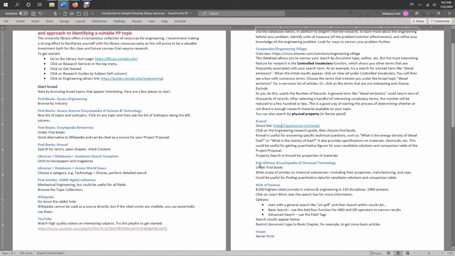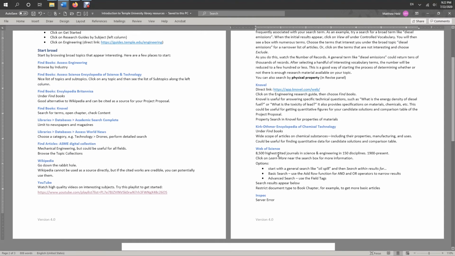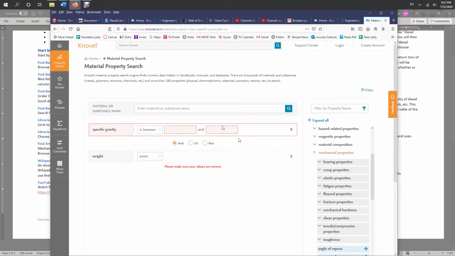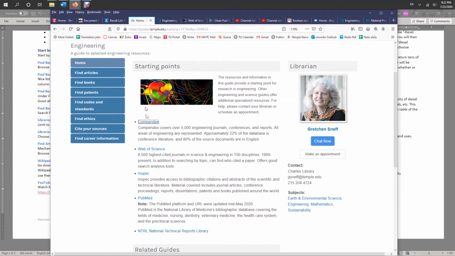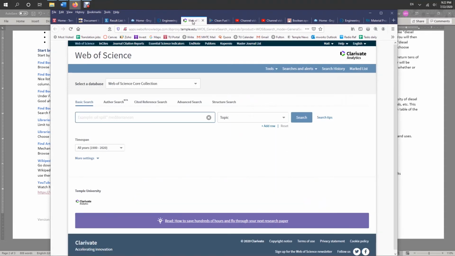This Kirk-Othmer Encyclopedia of Chemical Technology, honestly, I'm not that familiar with that. I'm going to skip over that one. Let's take a look at Web of Science. Here's Web of Science. You can get to that also from the engineering homepage, and you click on Web of Science, but here it is.